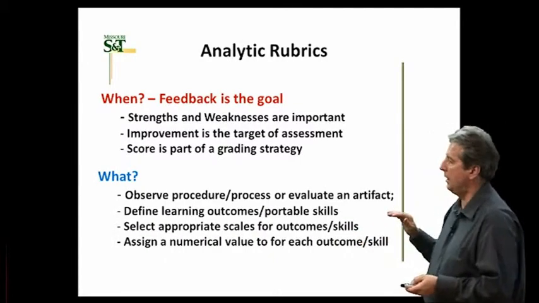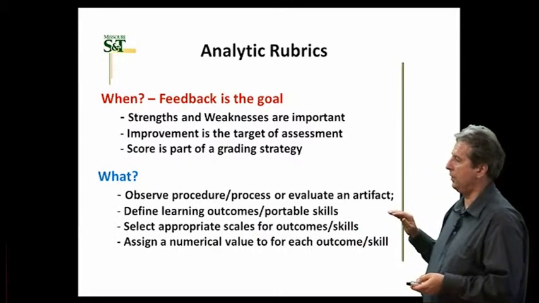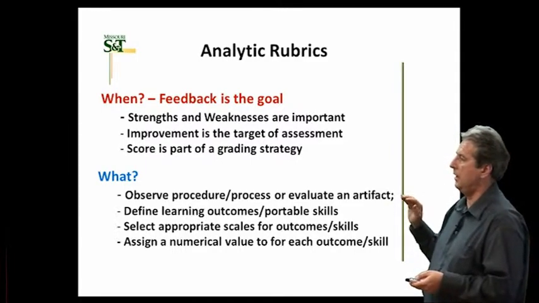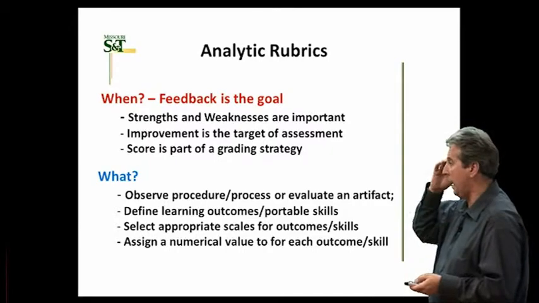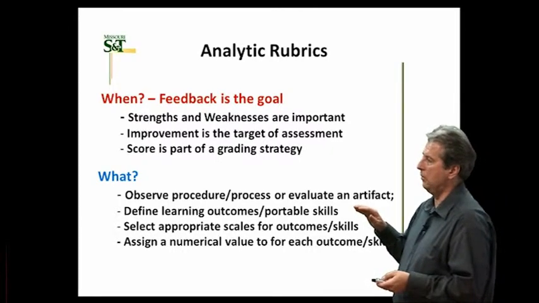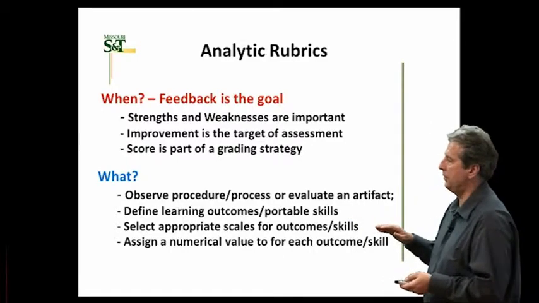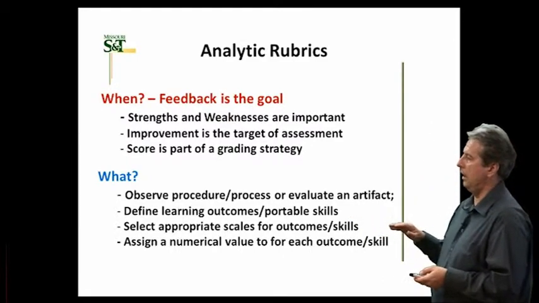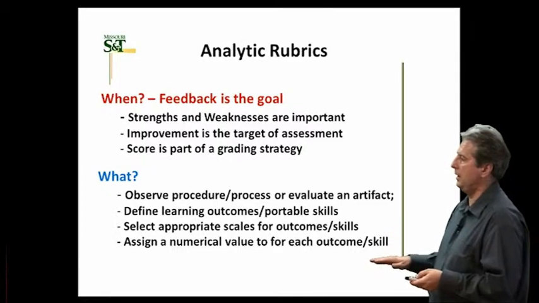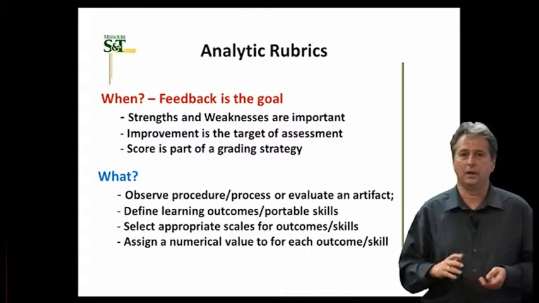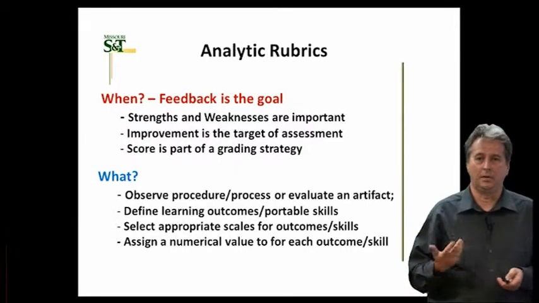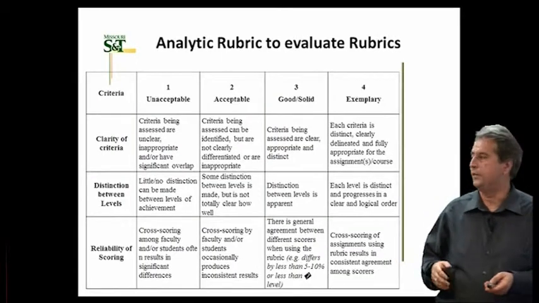What you use here, again, you have to observe what you can observe, and you can evaluate if there are artifacts, and typically there are. Also, you have to define the portable skills and find very good scales for each of them, and align again the numerical values with the value of that skill and the quality of the product. Here is an example.